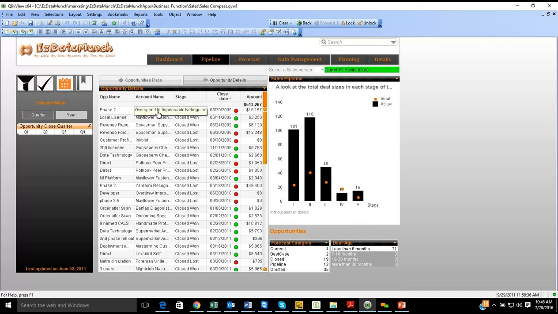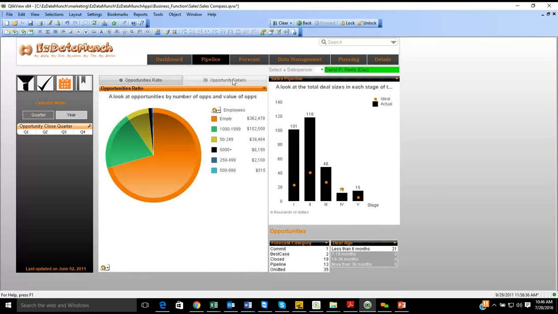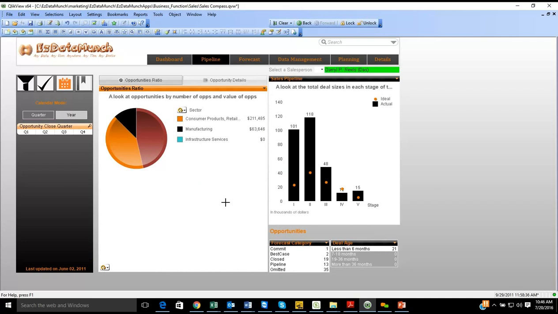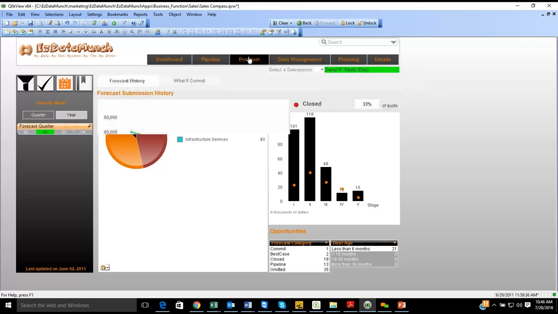So we go into an analysis of why these deals were lost, whether it was because the pricing was not correctly done, the opportunities were not correctly identified, or the decision maker was not provided the right information about the company's value proposition, and things like that. So these are the areas where we go back and analyze what's really happening, and the forecast.